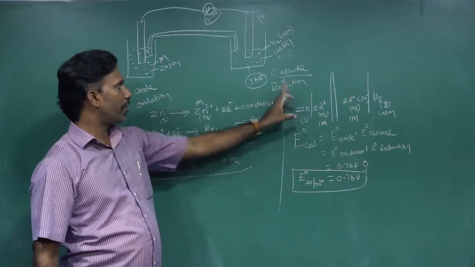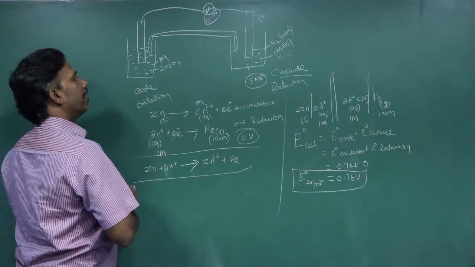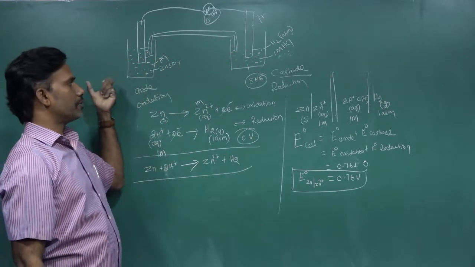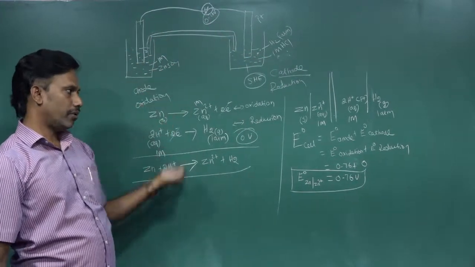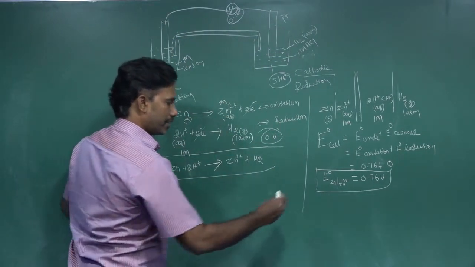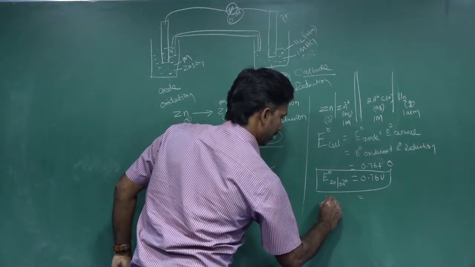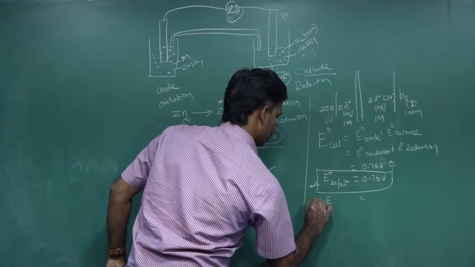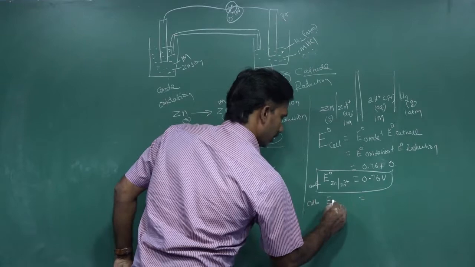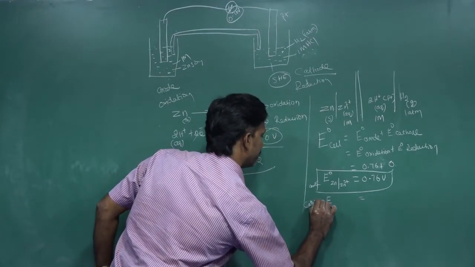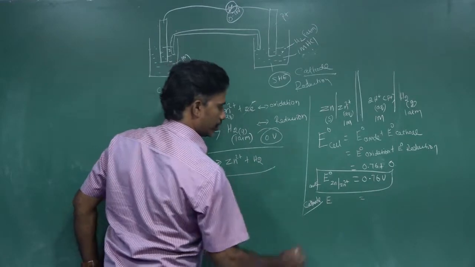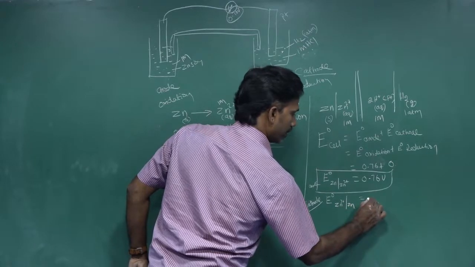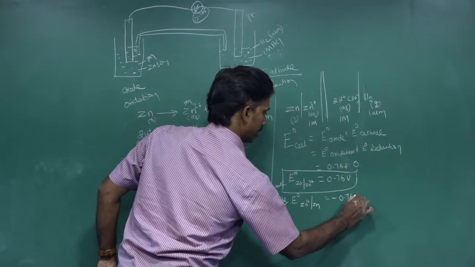Whereas if you alter this, what happens? Critically, if you think, what happens if I place the SHE on the anode side and the zinc on the cathode side? The same reaction, ditto, but the sign changes. If zinc is used on the cathode side, Zn2 plus, the sign will change to minus 0.76 volt.